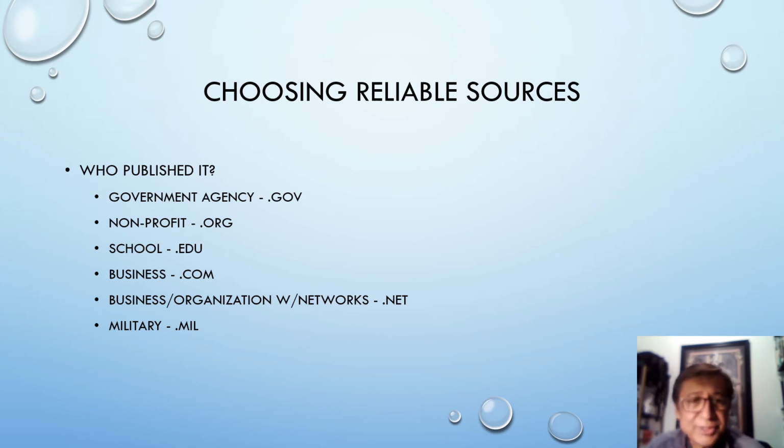You have other organizations and businesses with networks that have .net, and the military has .mil. So depending on who's publishing these sources, you can tell, like on a website, just from that ending, whether it's valid or not. And I would say obviously these endings with these representative institutions are reliable sources.